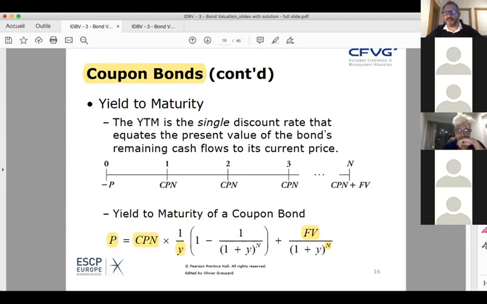I would like to find the price in that case, because we cannot find y directly. So we have to find a way to do an iterative approach, trying to find one rate which is lower, one rate which is upper, and find the price by approaching it within this range.